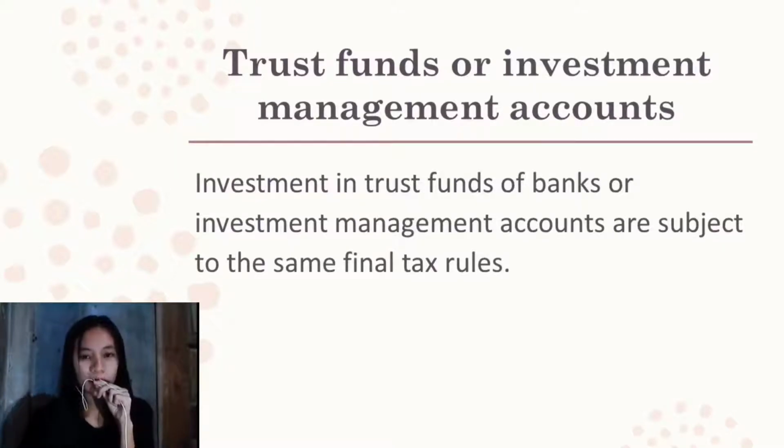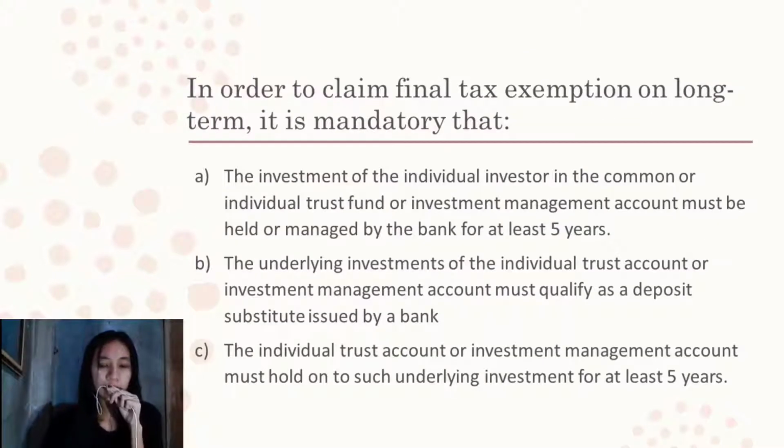Trust funds or investment management accounts. Investment in trust funds of banks or investment management accounts are subject to the same final tax rules, except for the qualified exempt employee trust funds. In order to claim final tax exemption on long term, it is mandatory that A. The investment of the individual investor in common or individual trust fund or investment management account must be held or managed by the bank for at least 5 years.